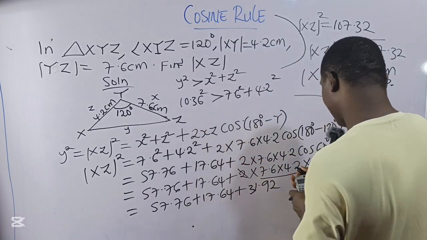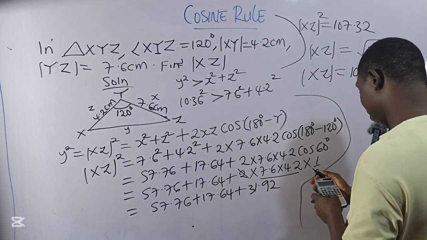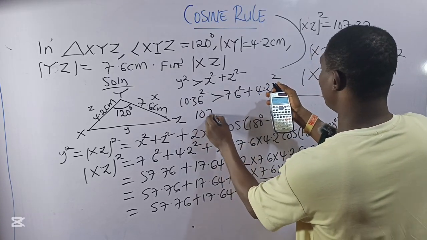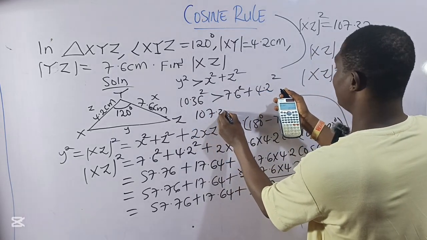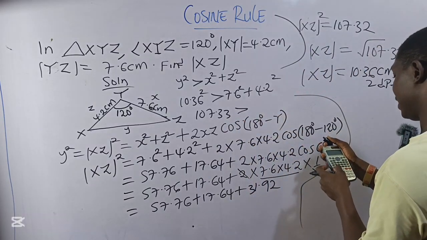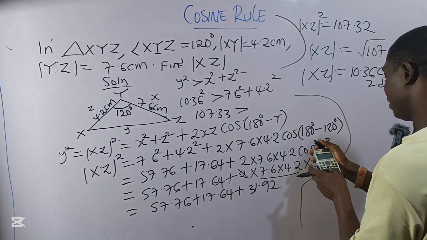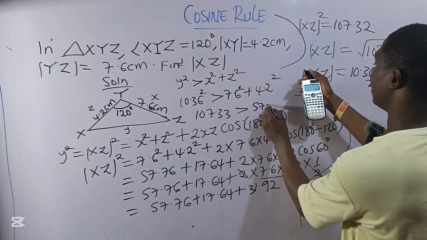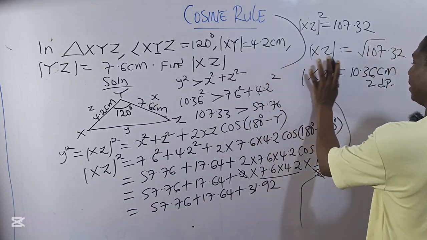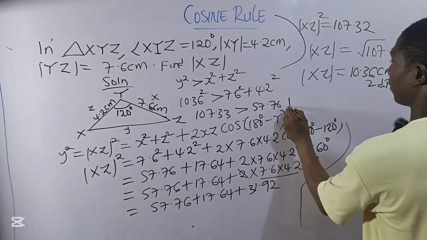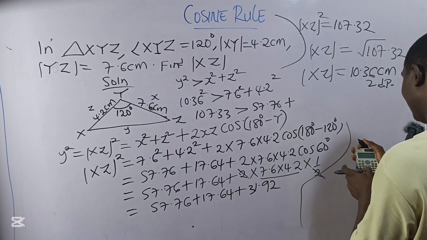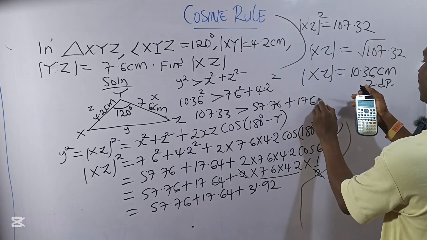So let's check. 10.36 square gives us 107.33, must be greater than 7.6 square, which gives me 57.76, and 4.2 square gives me 17.64.